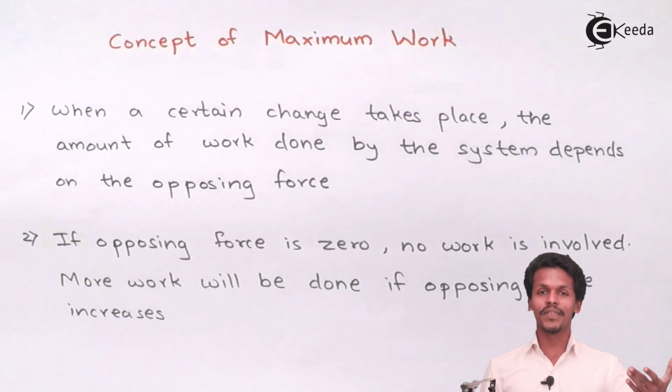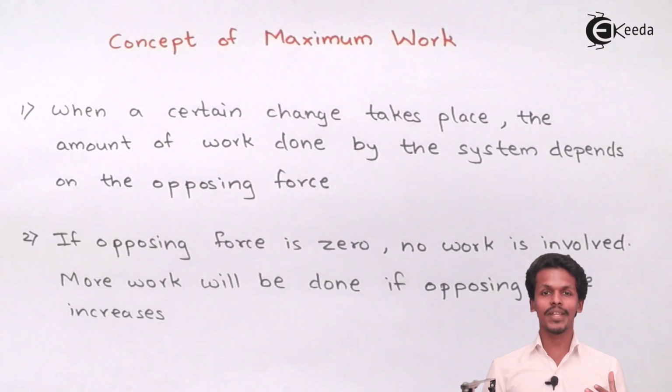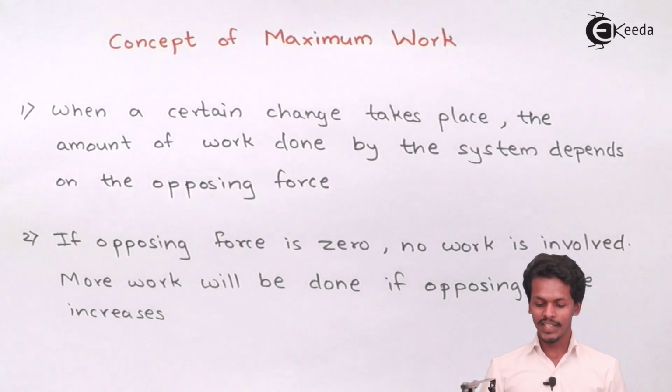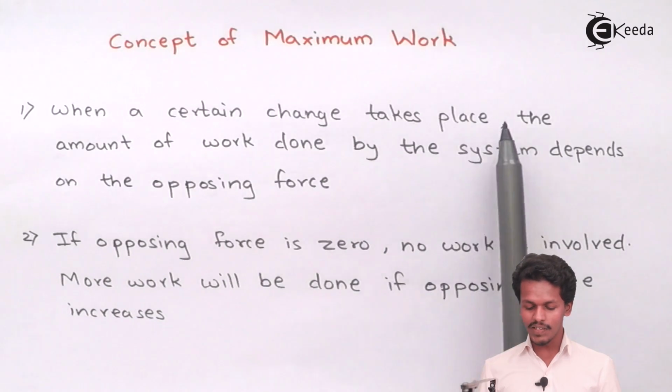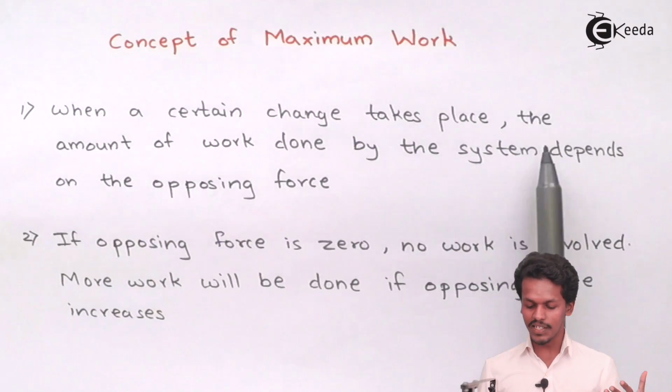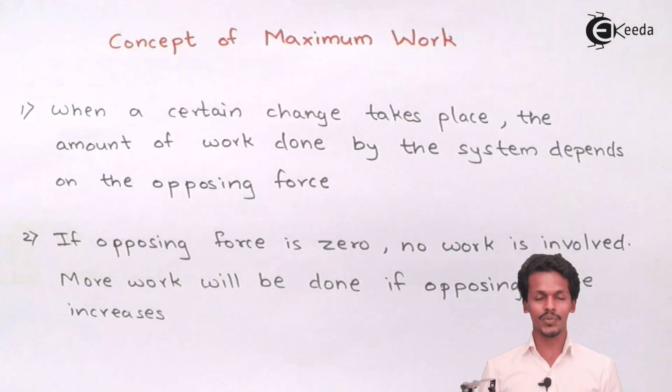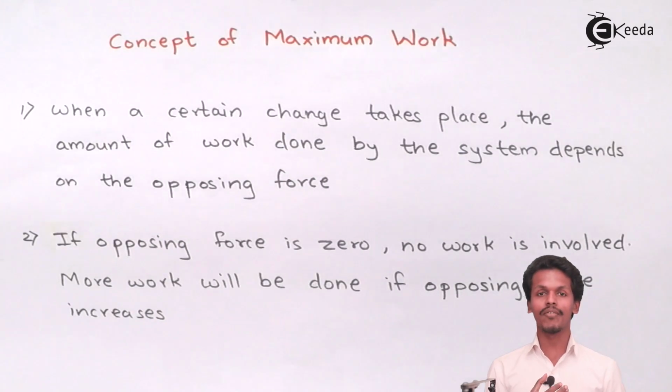So let us start with the first point: how the work done during the expansion, or in any process, would be maximum. When a certain change takes place, the amount of work done by the system depends on the opposing force. In the last lecture we saw that W is equal to minus P_ex, the external pressure, into the change in volume.